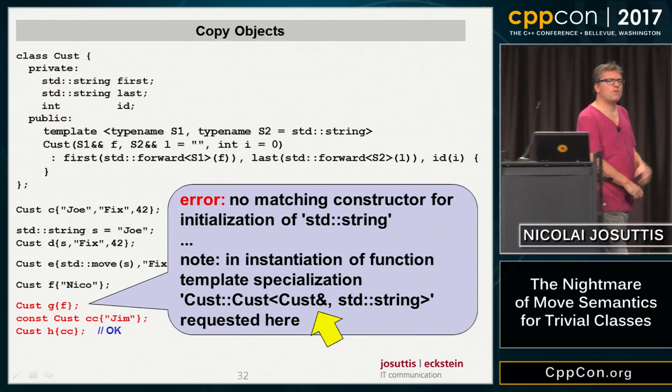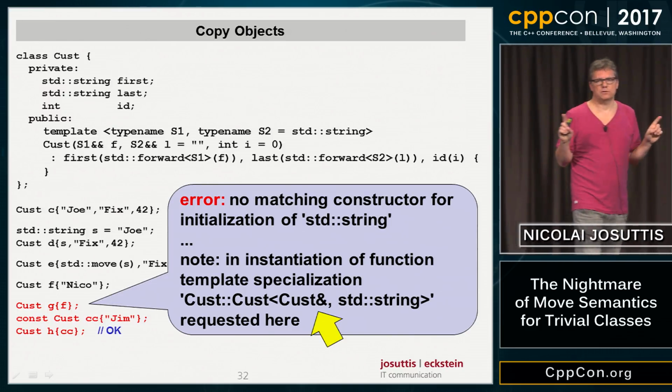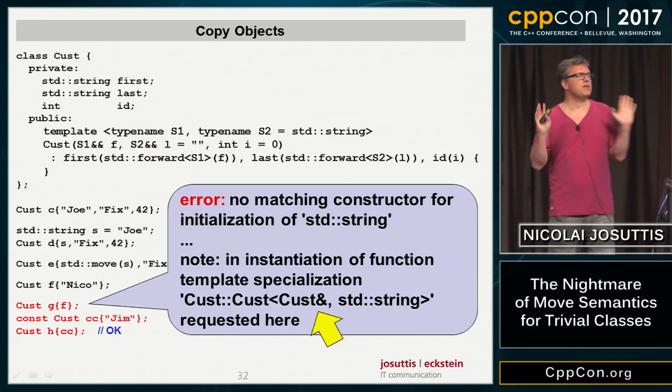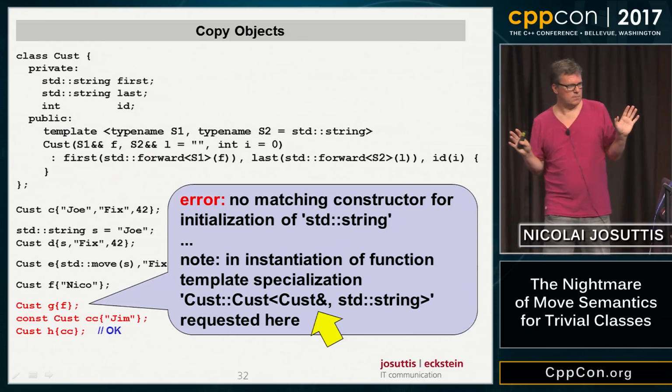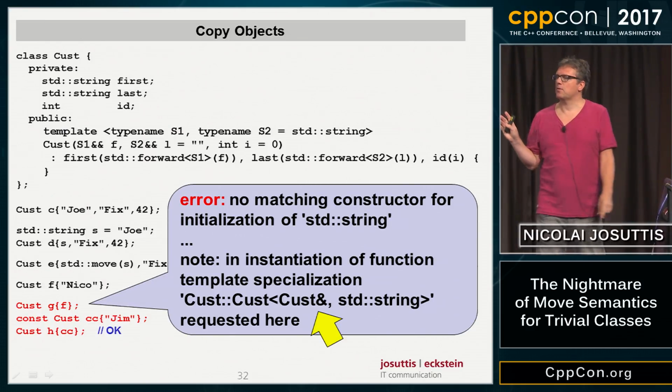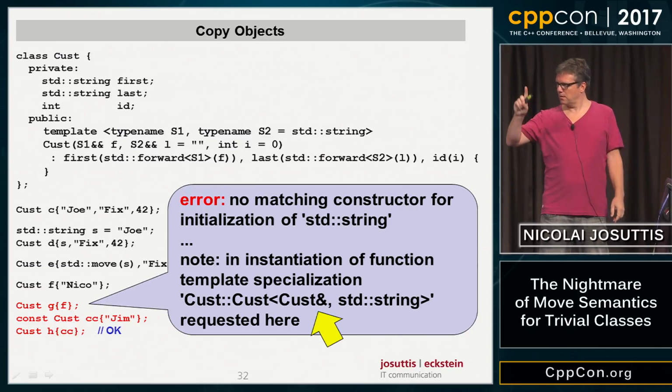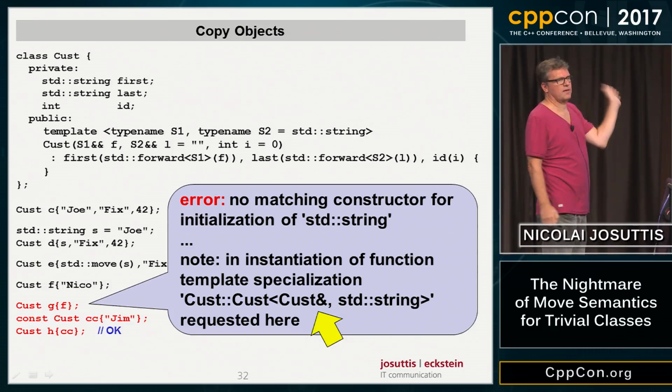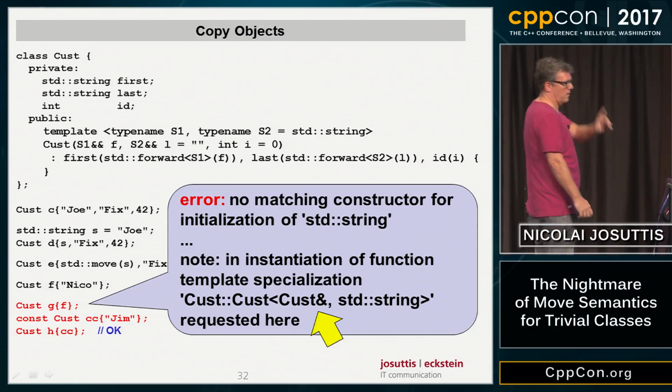And the compiler now finds two matching functions. One is a predefined copy constructor. The predefined copy constructor takes a const Customer reference. We don't pass a const Customer, we pass a Customer here.